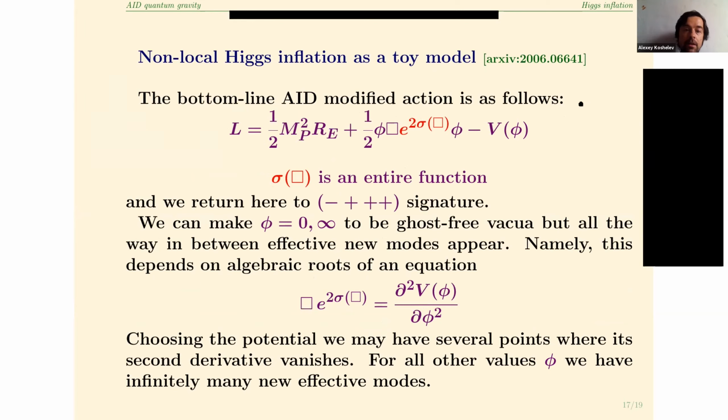And this was an attempt, again, in collaboration with Anna Tokareva, to improve model of Higgs inflation, improve in a sense to render it renormalizable thanks to inclusion of this factor here, because otherwise arbitrariness of potential makes model generically non-renormalizable. The hope here is that suppression with higher powers of momentum will make them renormalizable.